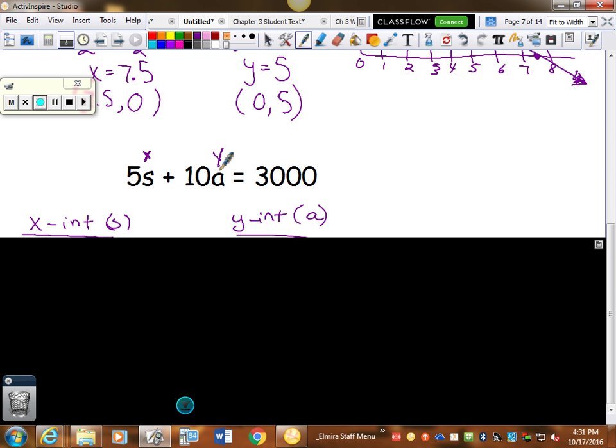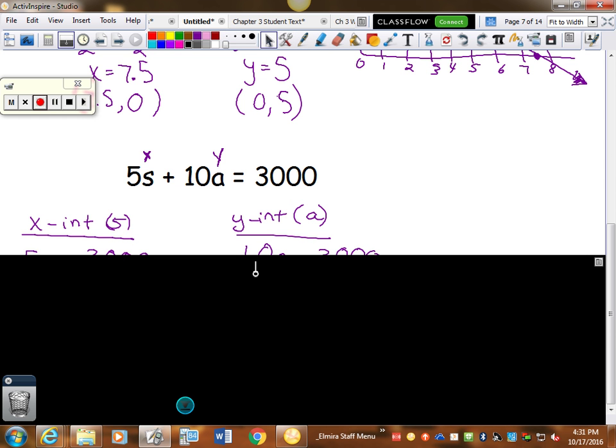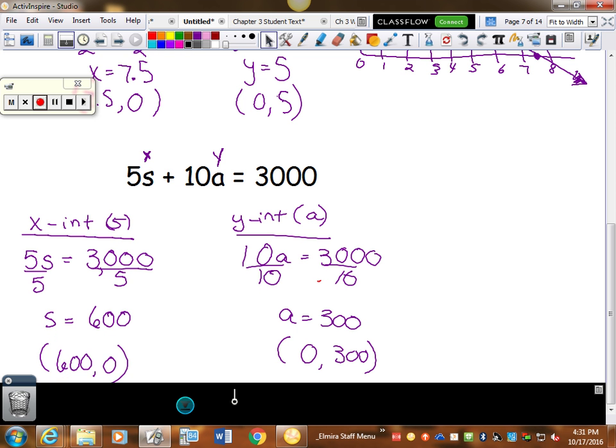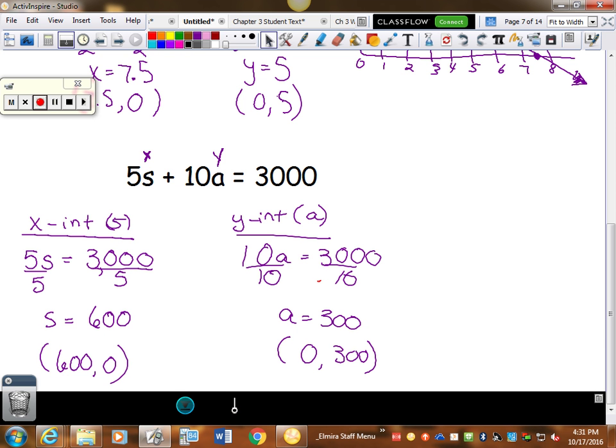So if I'm finding the x-intercept of this equation, I am looking for the situation where it's all student tickets. If I'm finding the y-intercept, it's all the adult tickets. I'm going to leave this up here for a little bit.